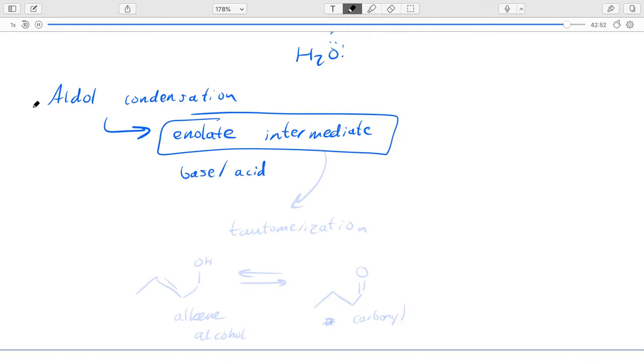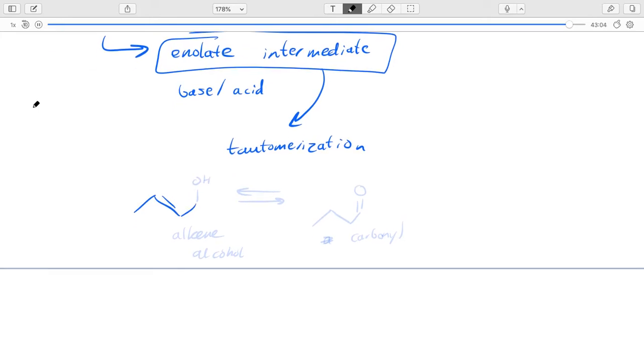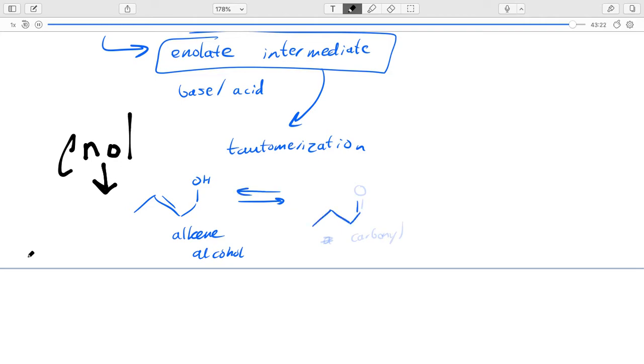And especially with this enolate intermediate, there's this term we call tautomerization. In biochemistry, it's actually a really big thing. Basically, tautomerization is when we go back and forth between the alkene alcohol and the coordinating ketone species.